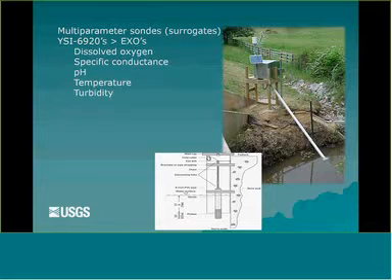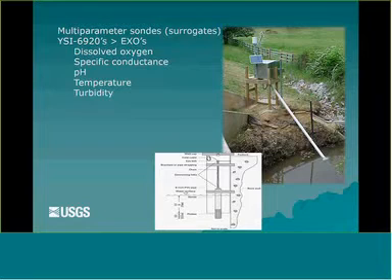But to those, we supplemented. For each of these 30 sites, we stuck in multi-parameter sondes, which is what I'll be referring to as surrogates, especially when we're trying to estimate the loads of various nutrients and sediment. With that, we installed YSI 6920s at almost all of these sites. Through time, we're gradually phasing those out and going more to EXOs.